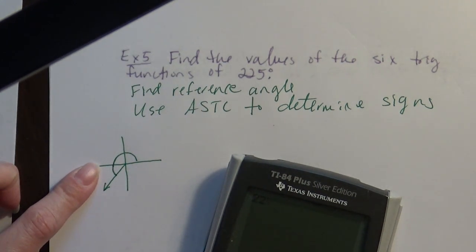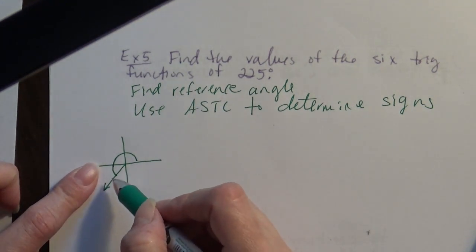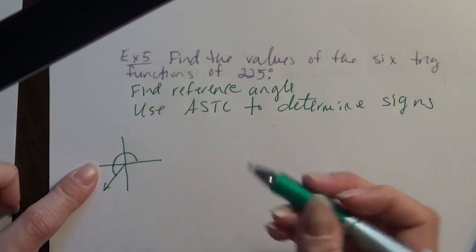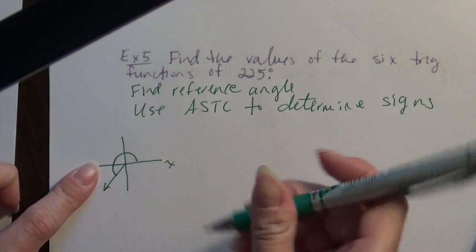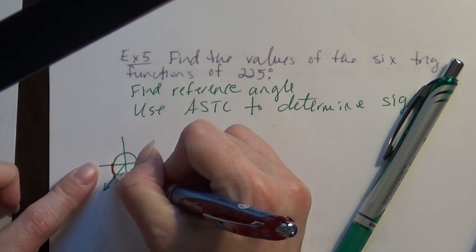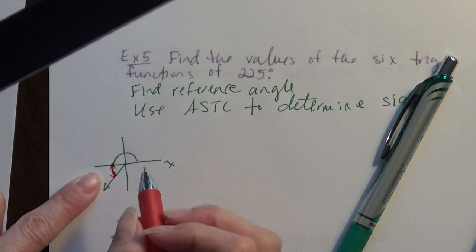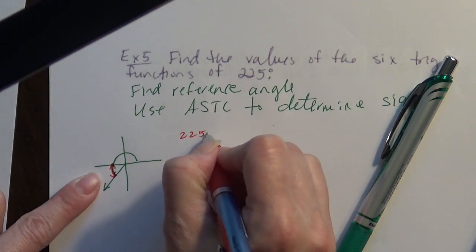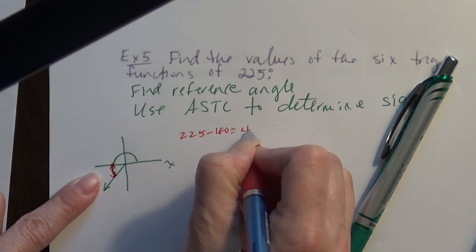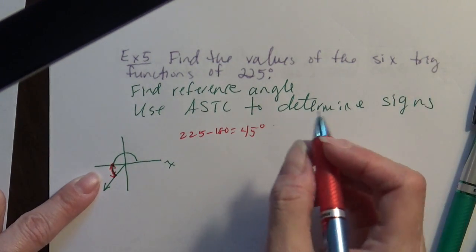What's the shortest distance to get from the terminal side back to the x-axis? It's going to be from here to here. Because we had to go 45 degrees beyond the x-axis, 225 minus 180 gives us 45 degrees. So we're going to use 45 degrees for our reference angle.